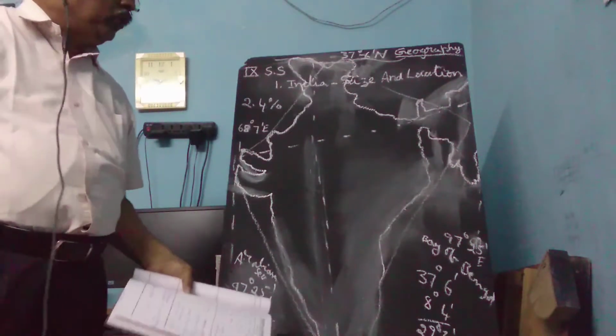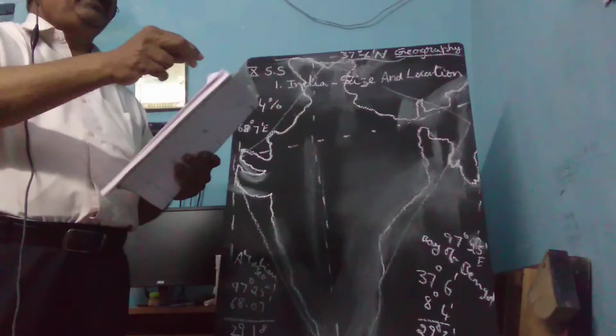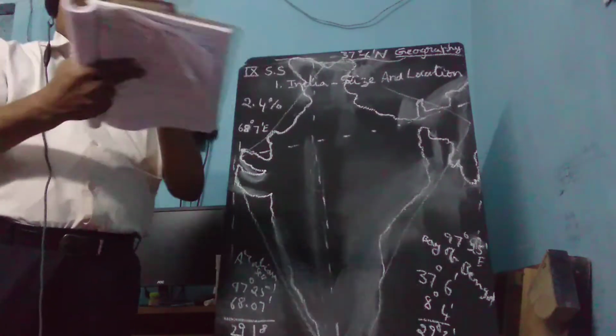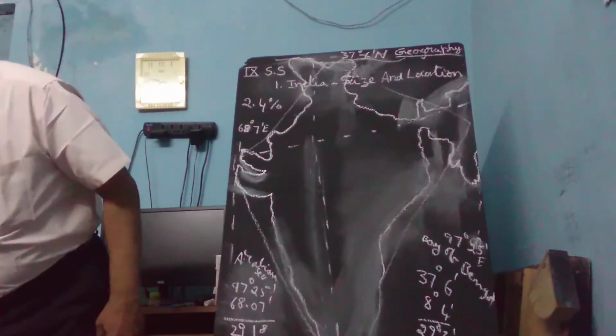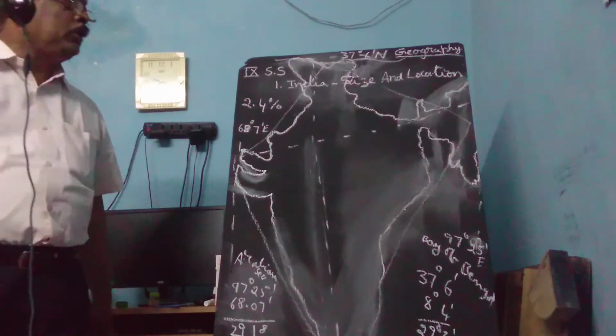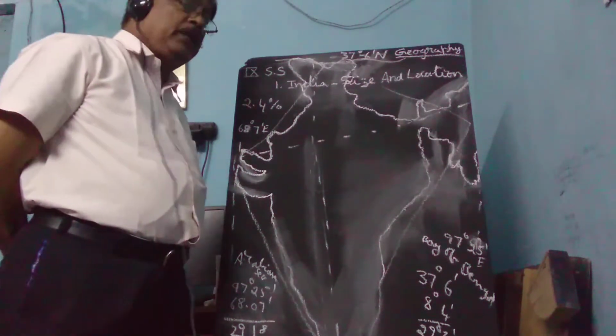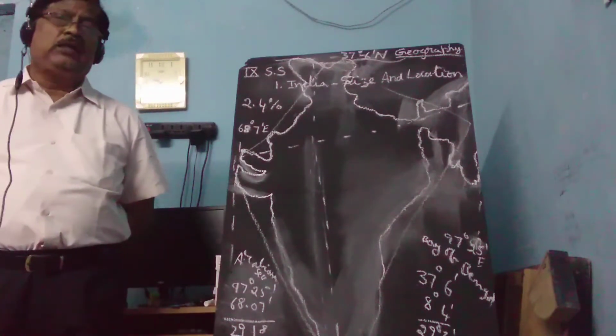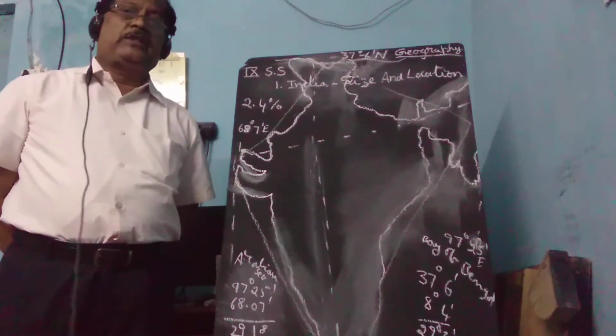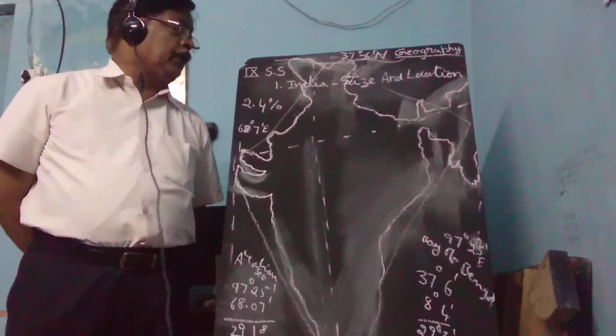Now come to the standard meridian of India. Children, you have learnt in the 6th standard how to calculate the standard meridian of India. First of all, what is the importance of a standard meridian for a country?